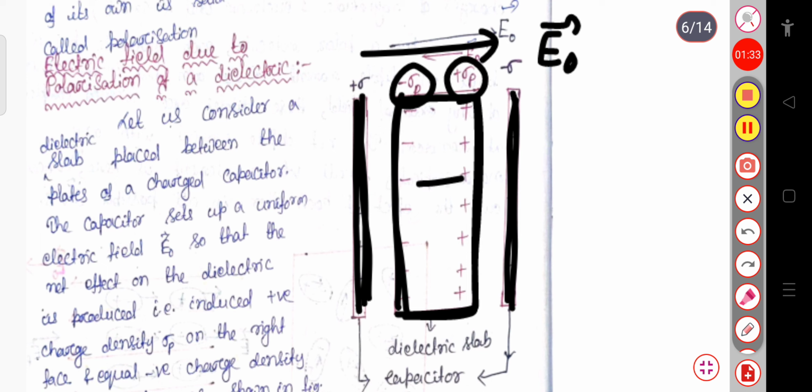Hence a net induced electric field, that is EP, will develop.